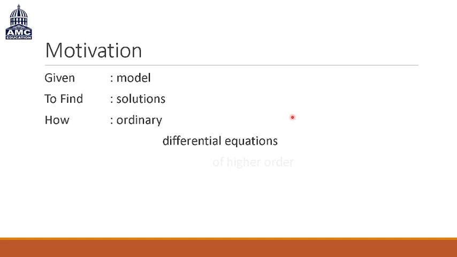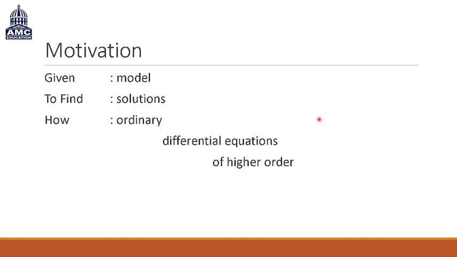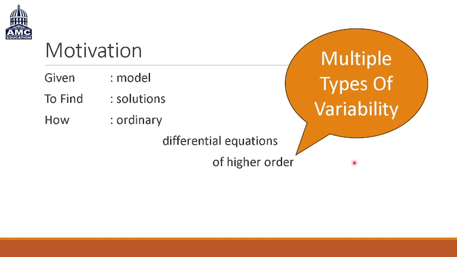Now, of course, we are talking about differential equations because differential equations capture the variability of the dependent variable over the independent variable. And finally, the last term we must understand is the term called higher order. This higher order is trying to encapsulate the different types of variability of the dependent variable as we change the independent variable. Okay, cool.